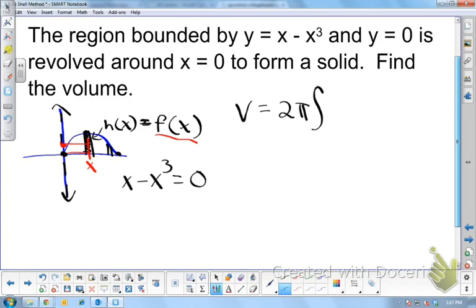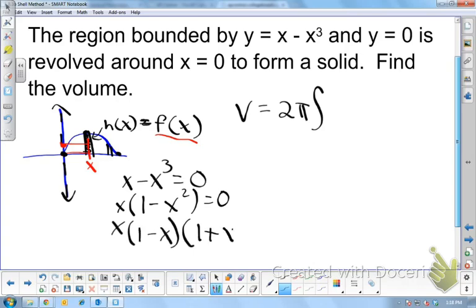Factoring. Pretty much every time you're equal to 0, you're probably going to have to factor. So I can factor out an x. And then what type of factoring would I use for that? Difference of squares. So we have x times 1 minus x times 1 plus x.